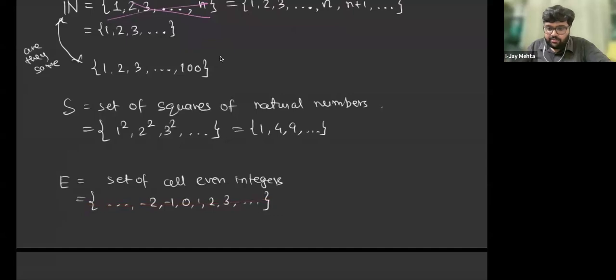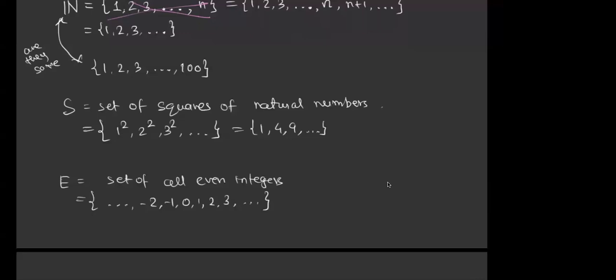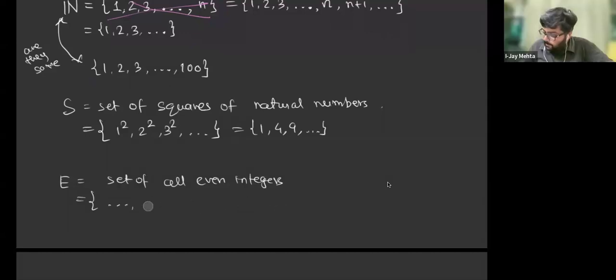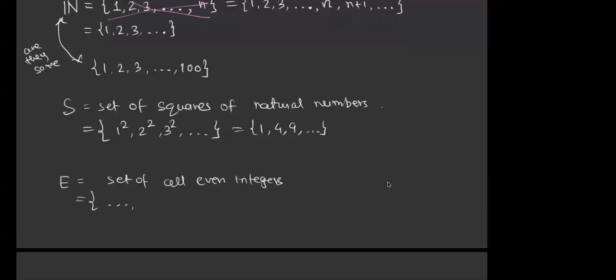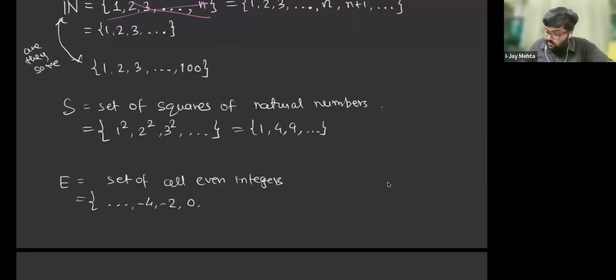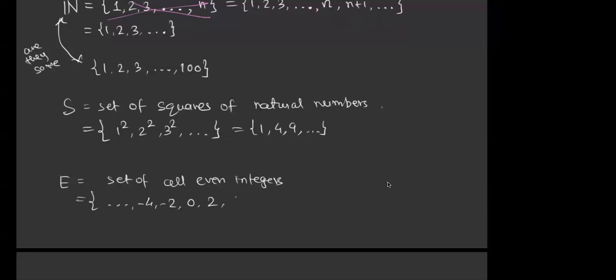Why did nobody give the answer? See, 8 of them are saying no. Right? So what should the set be? Dot, -4, comma, -2, comma, 0, comma, 2, comma, 4, dot.